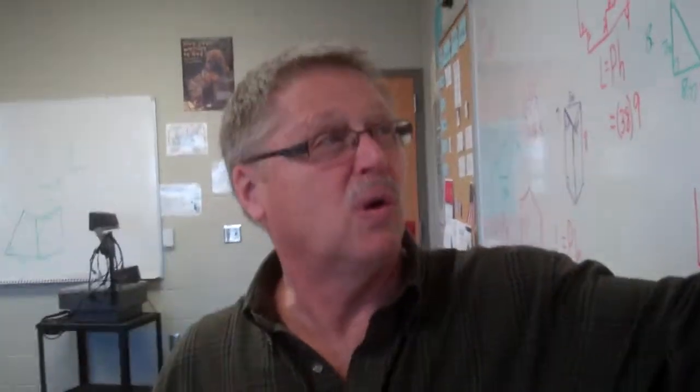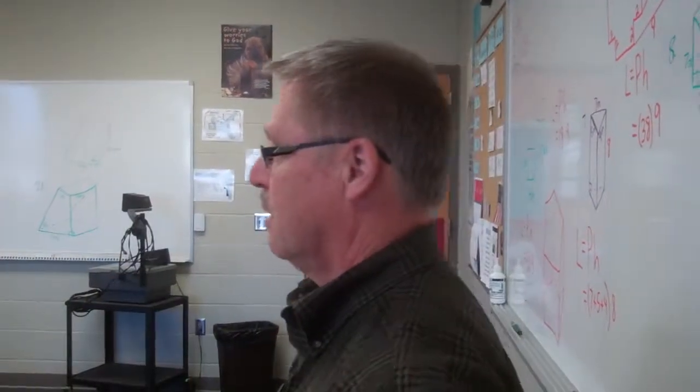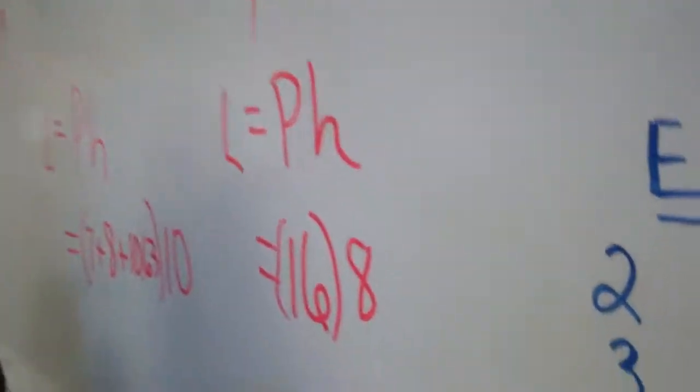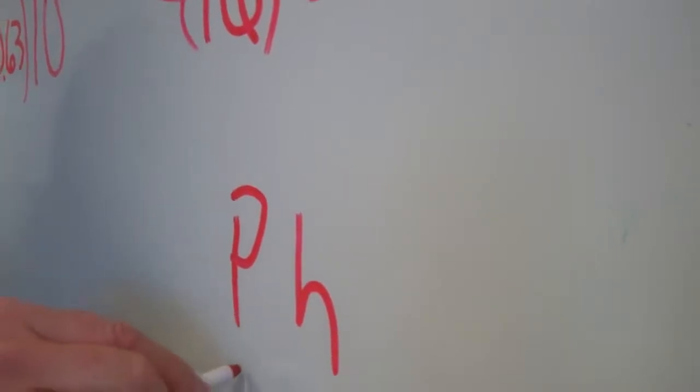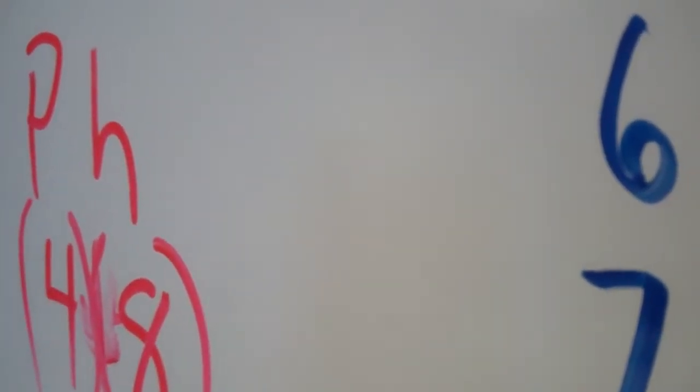If we could take those 4 walls and fold them out, what would be the perimeter times area on that? 4 times 8. She's right. That would be 4 times 8. So we've got to add 32 for the hole.